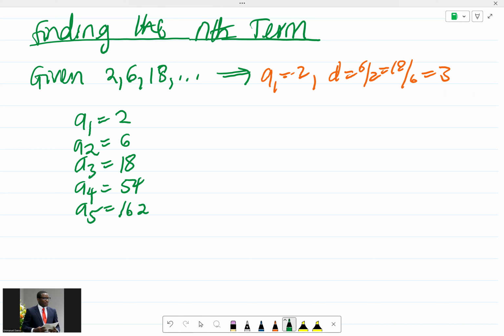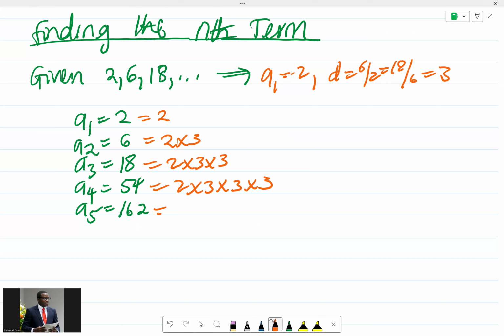And from what you see here, this can actually be written as 2, then 2 times 3. Next, you have 2 times 3 times 3. Next, you have 2 times 3 times 3 times 3, and then 2 times 3 in 4 places.